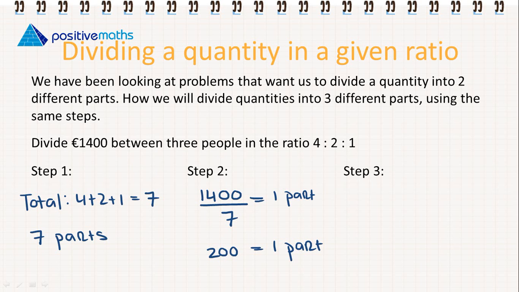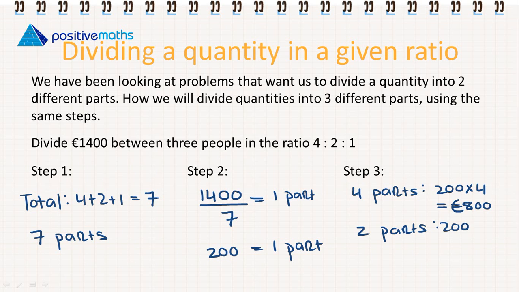Okay, and now step 3. We have 3 different people here. The first person gets 4 parts. So that's going to be 200 multiplied by 4. So they're going to get €800. The second person is going to get 2 parts of the money. 200 by 2.